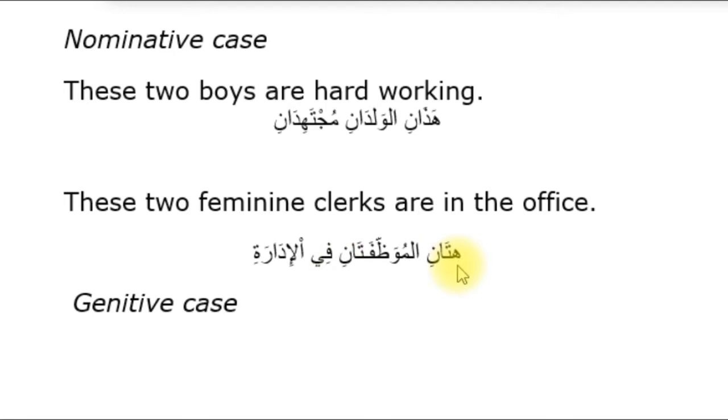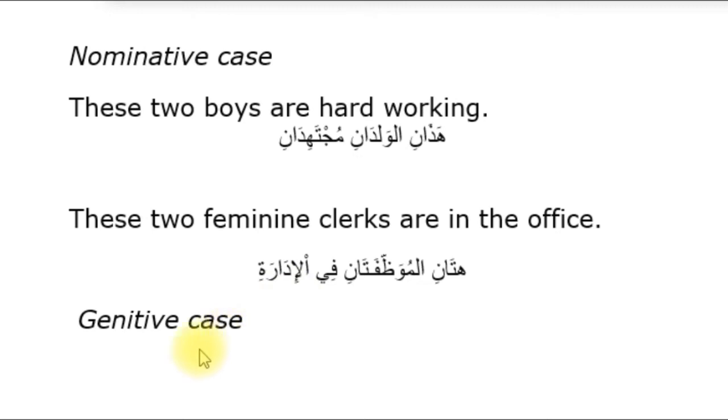For the demonstrative, we need to use the dual form for feminine, هاتان. Since الموظفتان is a dual form noun, we need to use the demonstrative which is appropriate to this dual form. هاتان الموظفتان. Next we go to genitive case.